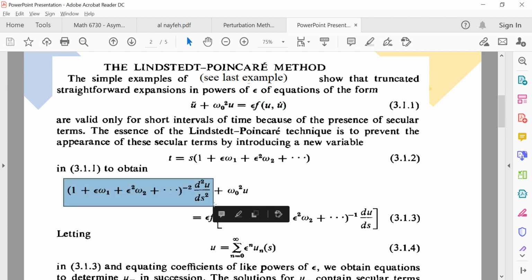You know du by dt will be equal to du by ds and ds by dt, and secondly d2u by dt2 will be equal to d by ds of du over dt and dt over ds.